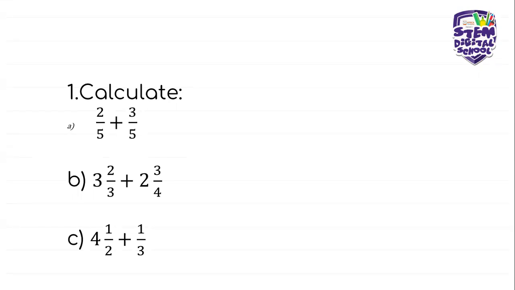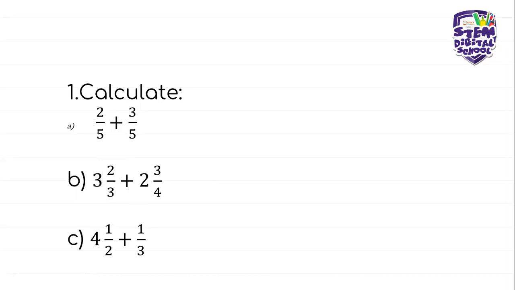So for the benefit of everyone, all that you need to do in B is to multiply 3 by 3 here. I'm in B now. You're multiplying 3 times 3 is 9, and then 9 plus 2 is 11.